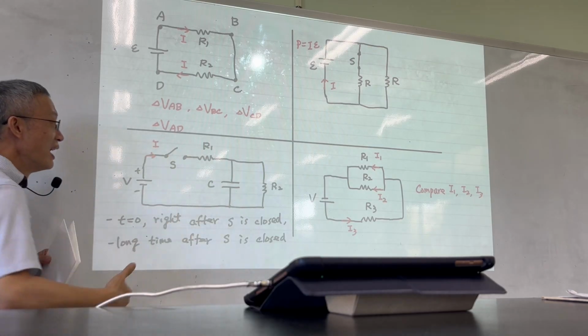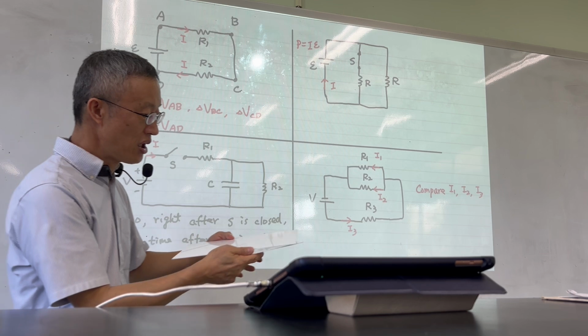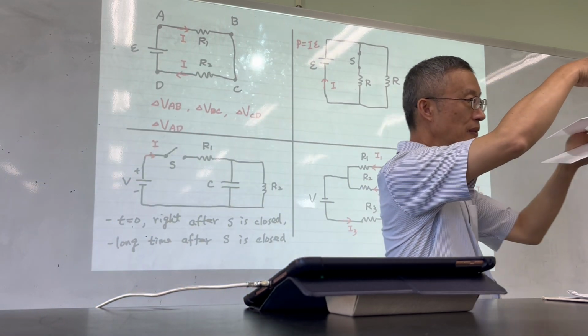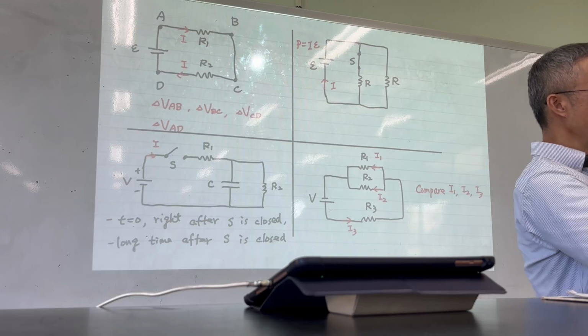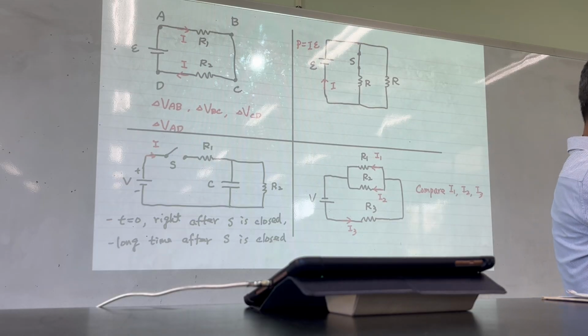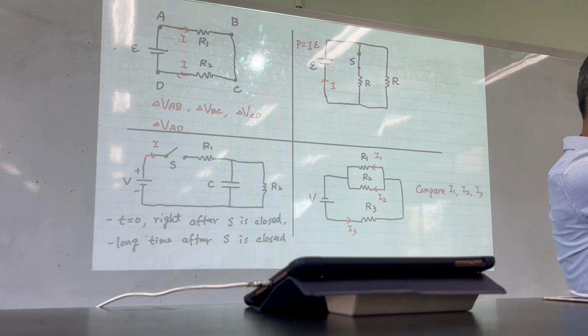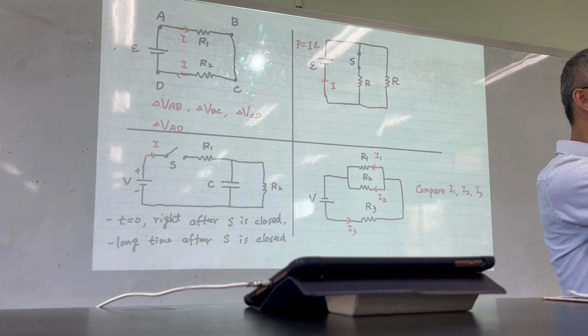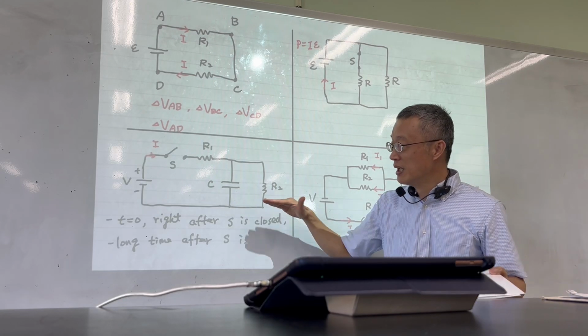Then charging continues. The charge occupies the space of the capacitor plates and eventually becomes saturated. Saturated means no space anymore, so charge cannot stay on it anymore. That means no flow of charge. What does that mean?